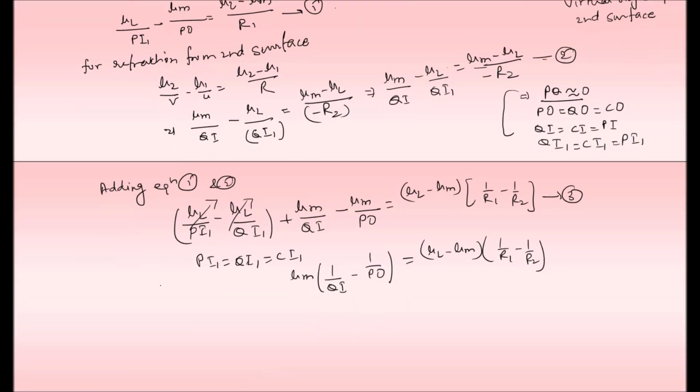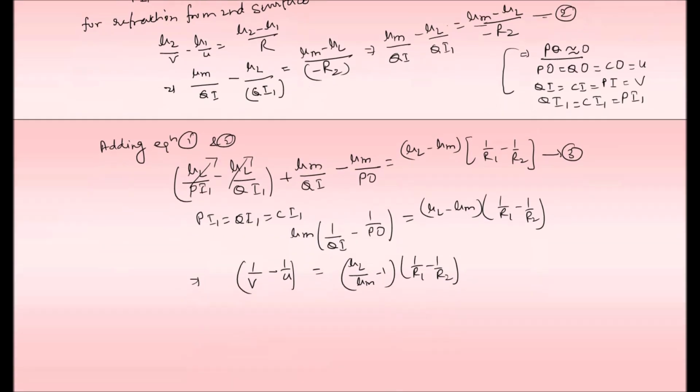So clearly 1 by Qi is equal to 1 by V. So 1 by V minus 1 by U is equal to, basically, if you see here, PO is equal to CO and it is equal to U, and Pi is equal to Ci and is equal to V. So 1 by V minus 1 by U is equal to mu L by mu M minus 1 into 1 by R1 minus 1 by R2.